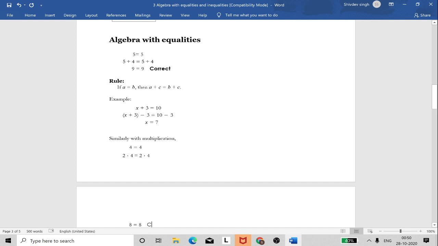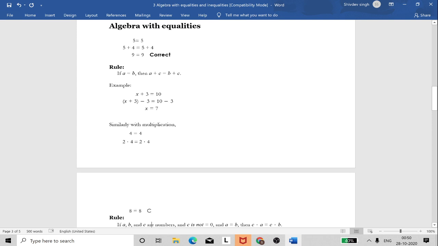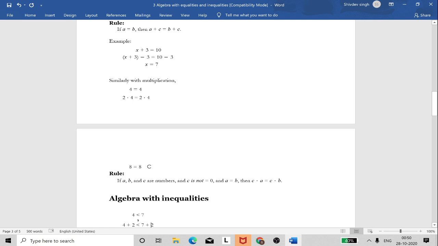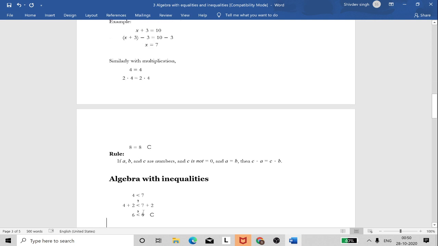Similarly, with multiplication also, if we multiply a number on both sides, we will get the answer. In this case, 4 is equal to 4. If we multiply both sides by 2, we will get 8 is equal to 8, which is correct. So the general rule will be: if a, b and c are numbers and c is non-zero and a is equal to b, then on multiplying both sides by c, we get c dot a is equal to c dot b.